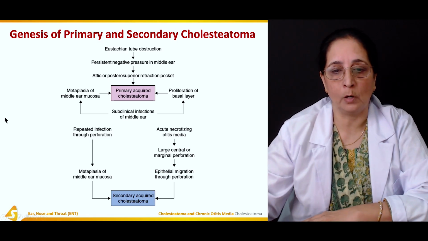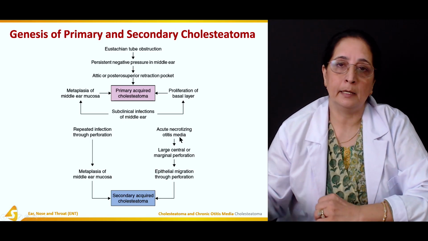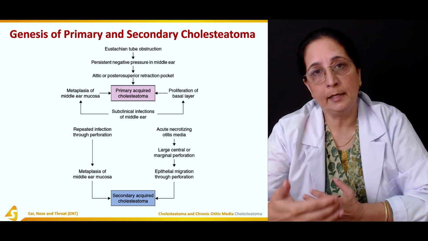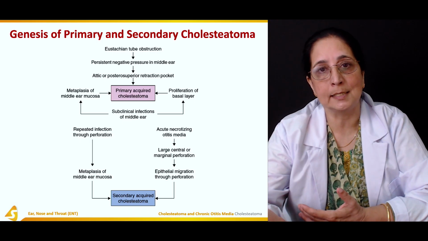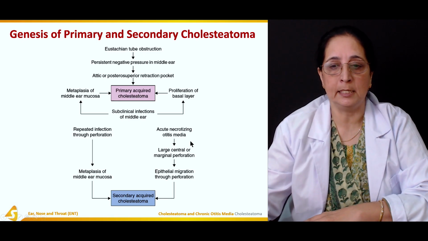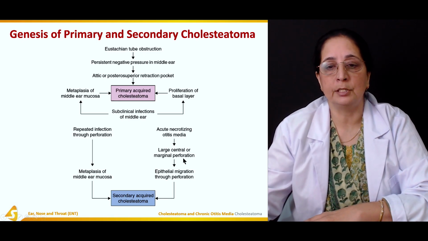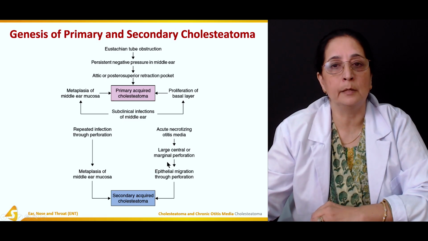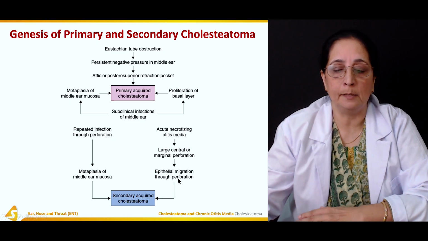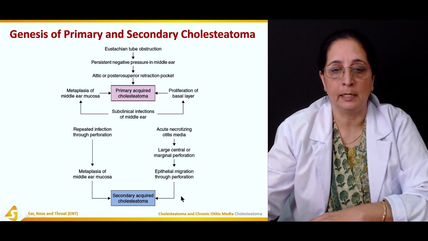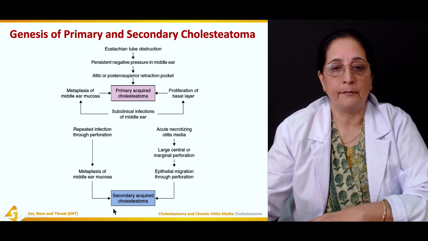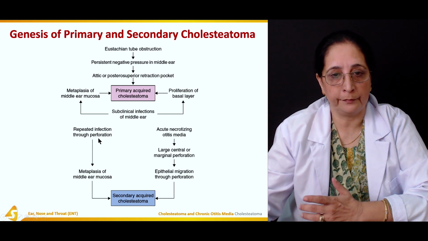In secondary acquired cholesteatoma, as we said, there is usually a pre-existing condition, either perforation or otitis media. So if there is acute necrotizing otitis media, this leads to a large central or marginal perforation. This then leads to epithelial migration through the perforation, leading to secondary cholesteatoma, and then we have repeated infection through the perforation.